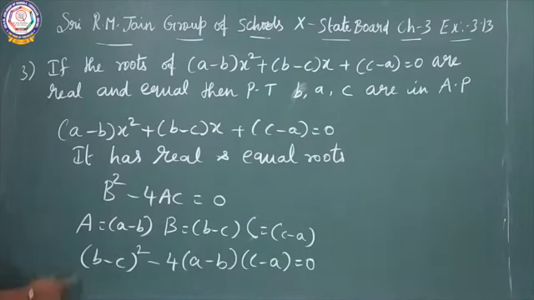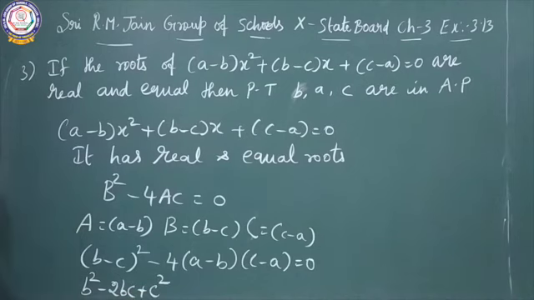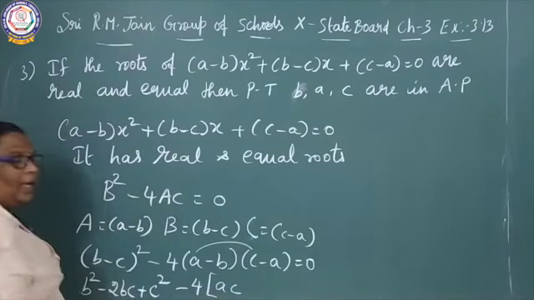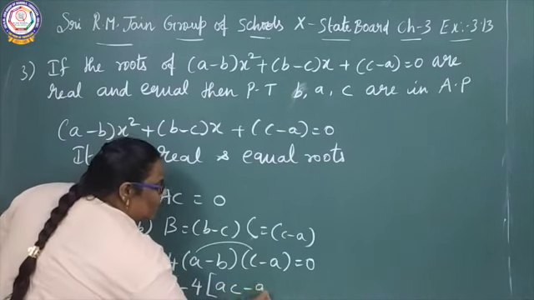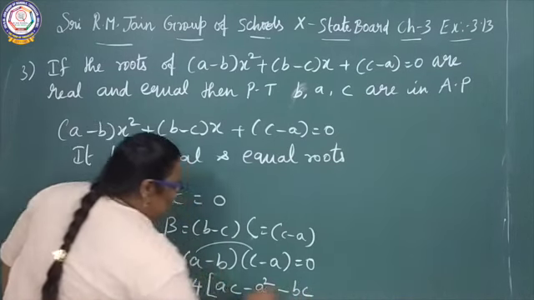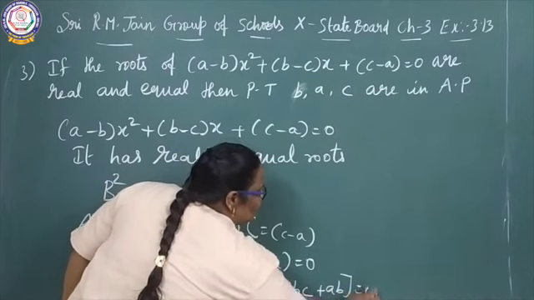Okay. See, you apply the formula (a minus b) the whole square formula. See here, b square minus 2bc plus c square, minus 4 into, you multiply: ac, a into minus a minus a square, minus bc plus ab equal to 0.